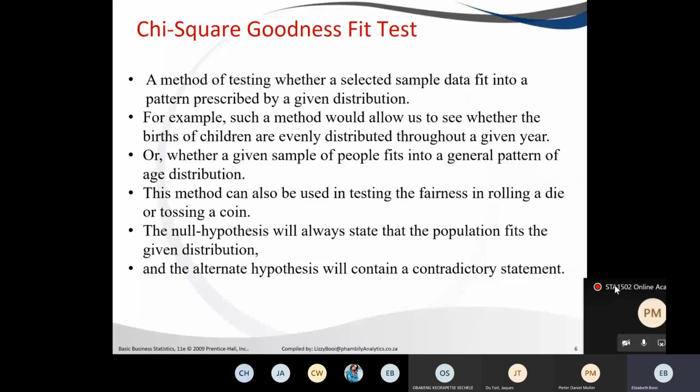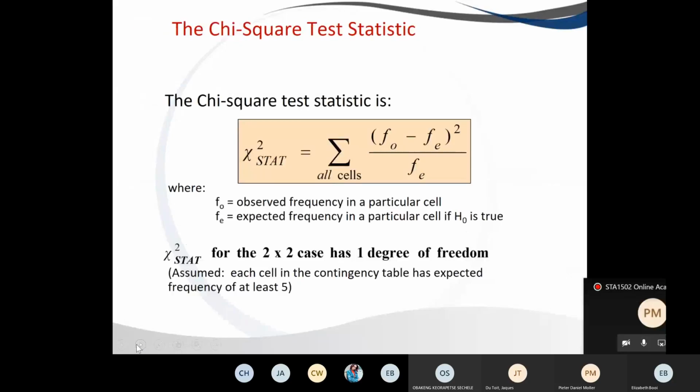So let's look at the other things that you also need to know before you start doing the goodness of fit test. When we test, we need to calculate the test statistic. Like with hypothesis testing, remember we said we need to know the 6 steps.